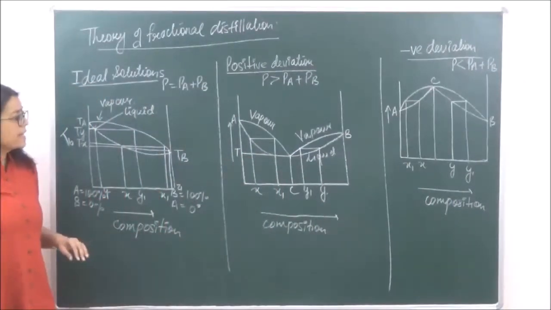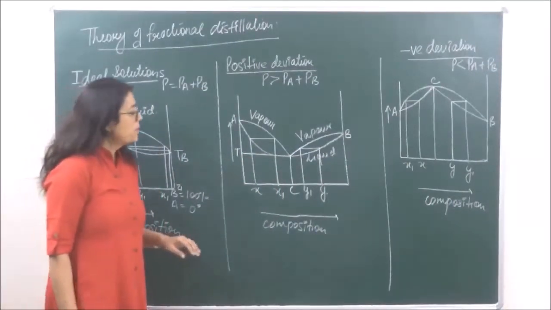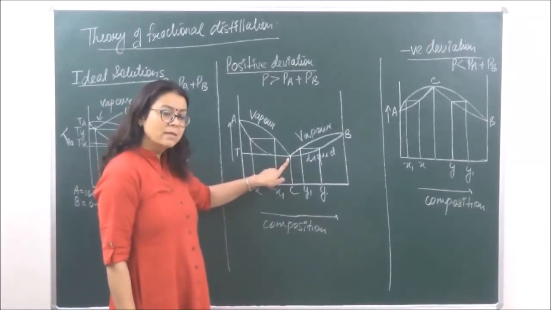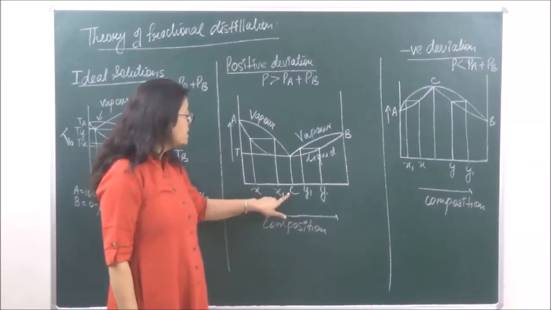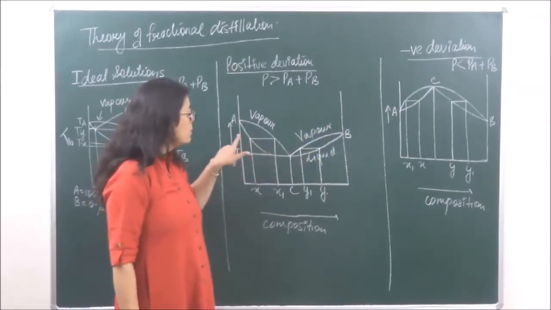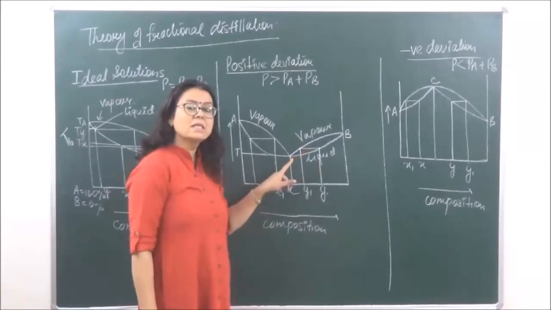Now in the second graph, which we can see over here, we are looking at a point C, right? At point C, the composition of the vapor phase and the composition of the liquid phase is the same.